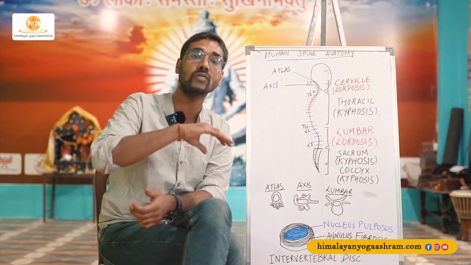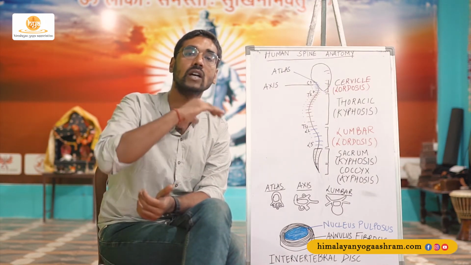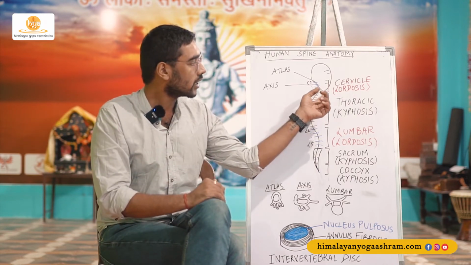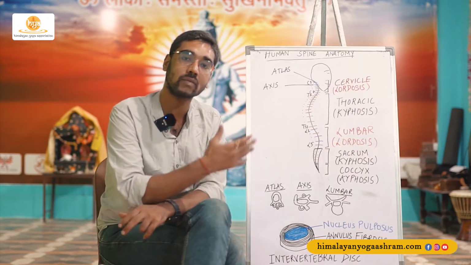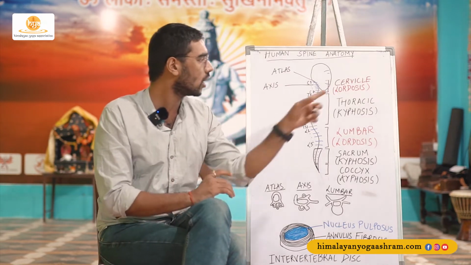The lordosis curve is the reverse C-shaped curve, which means that the curve is bending towards the front. There are 12 vertebrae in the thoracic part of the spine, which is kyphosis, the opposite of the lordosis effect. In other words, a true C, so to say, which is a complete opposite to the reverse C-shaped cervical column.